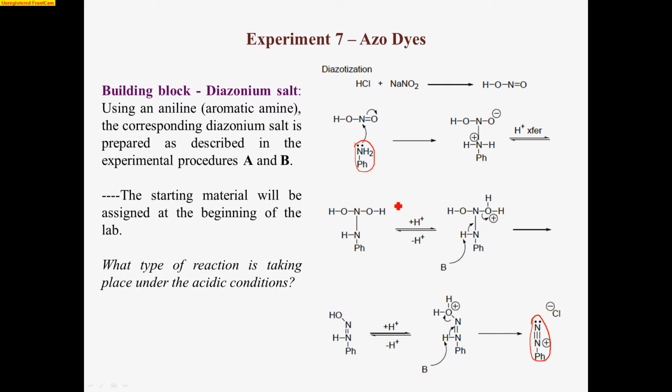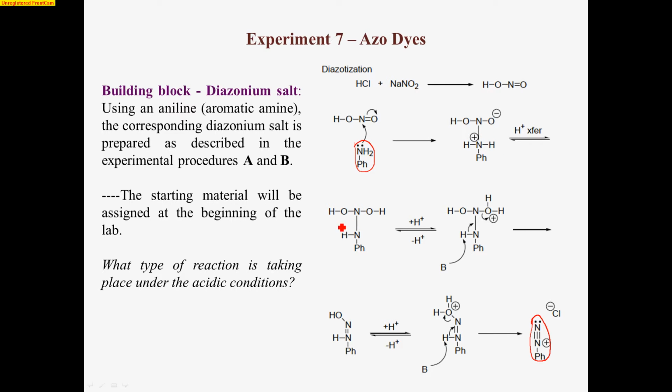So that's really the goal here. What we're going to do is take hydrochloric acid plus sodium nitrite and form HONO. And once we form that reactive intermediate, that's going to react directly with the aromatic anilines to give you intermediates that look like this.